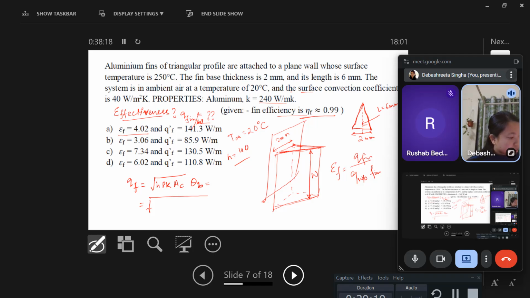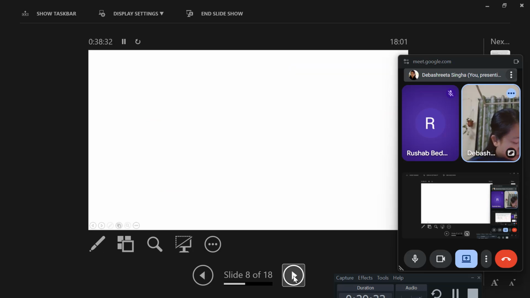Qf can also be written as eta f into q max. So let me go to the next page. Eta f is already given.